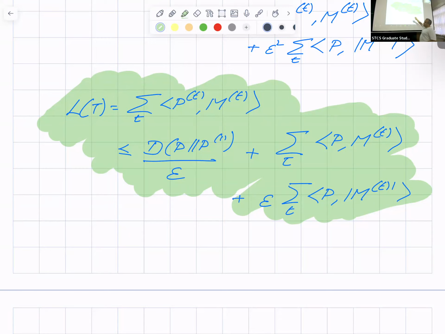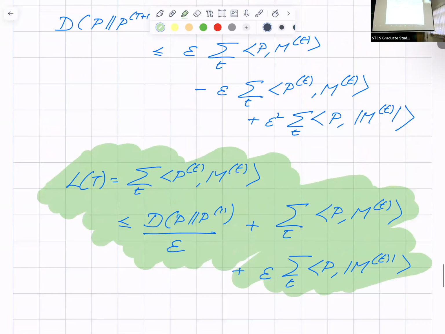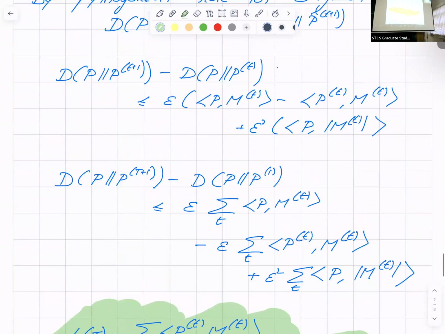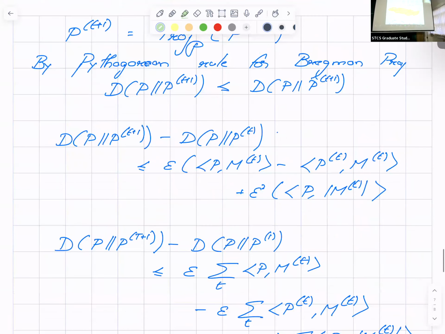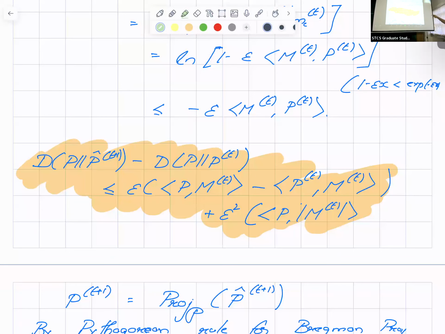So depending on where, in some sense, it has this nicer intermediate step in the analysis: whenever you're comparing against a fixed distribution and the algorithm is performing significantly worse than the fixed distribution, the Bregman projection is, well, not the Bregman projection, this is the update, the weight update method is getting it back. PT plus 1, P hat T plus 1 is being updated in order to reduce that. Whenever this loss is significantly more than this loss, it's reducing that quantity.